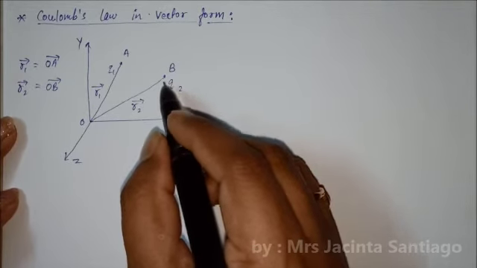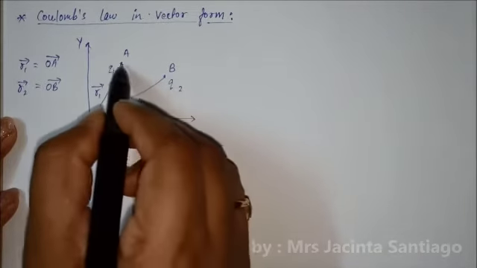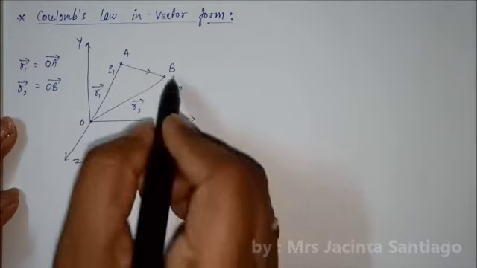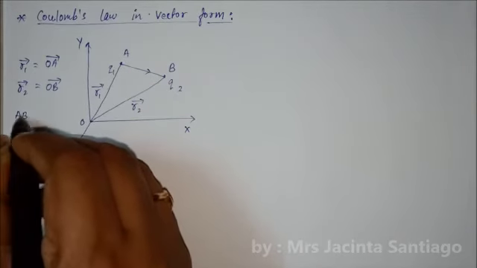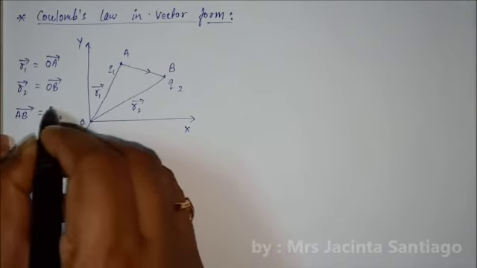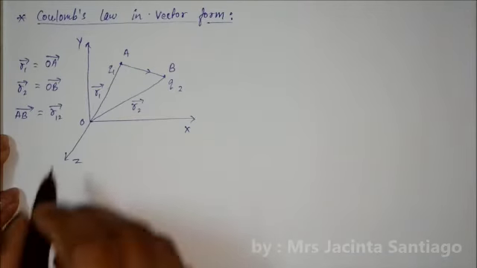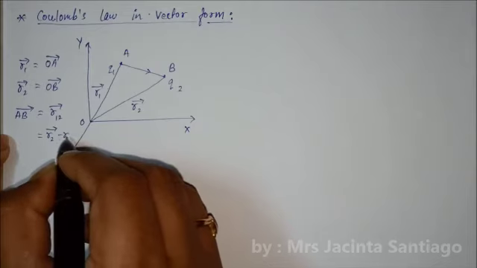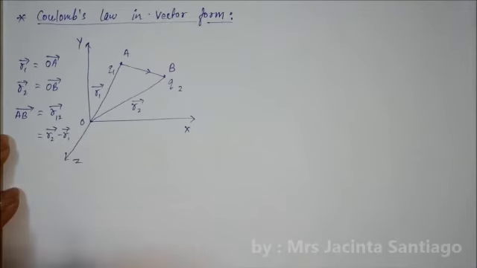The vector leading from Q1 to Q2 is AB, which can be given by R12 vector equals vector R2 minus vector R1.